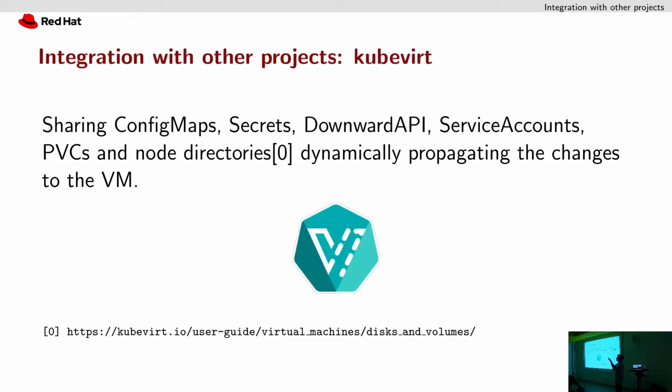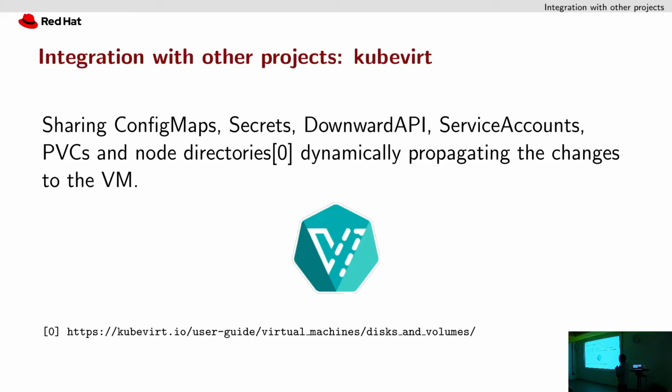So they were copying all the data in that image and exposing that to the VM. And if that information changed, for example the secrets, since service accounts can also expire by time, you will not see that propagation of the change inside of the virtual machine. But with virtio-fs, we solve that problem.